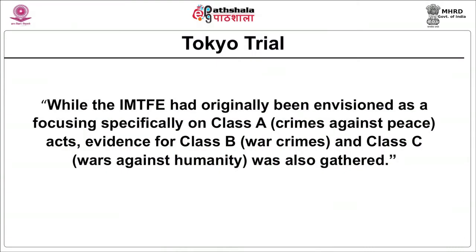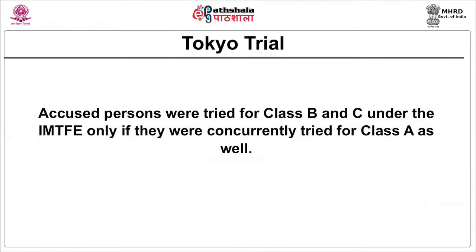While the IMTFE had originally been envisioned as focusing specifically on Class A acts, evidence for Class B, that is war crimes, and Class C, crimes against humanity, was also gathered. The accused persons were tried for Class B and Class C offences under the IMTFE only if they were concurrently tried for Class A offences as well.